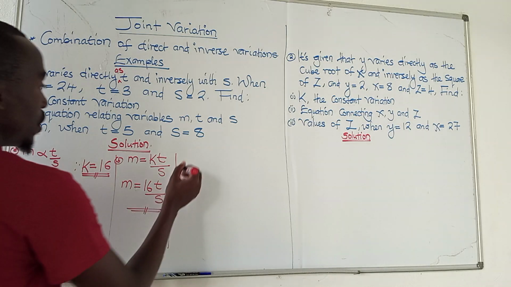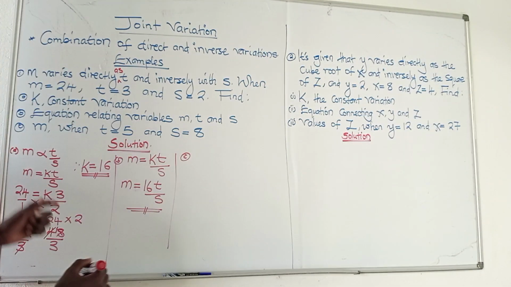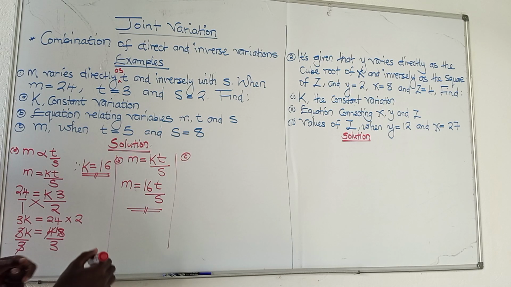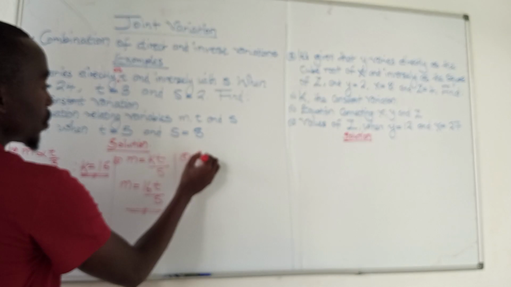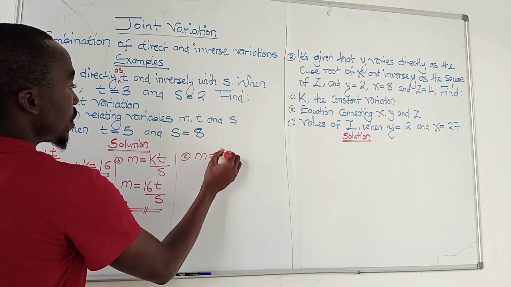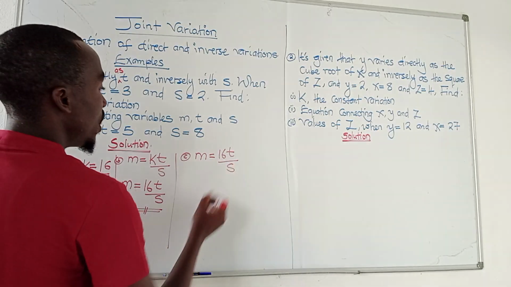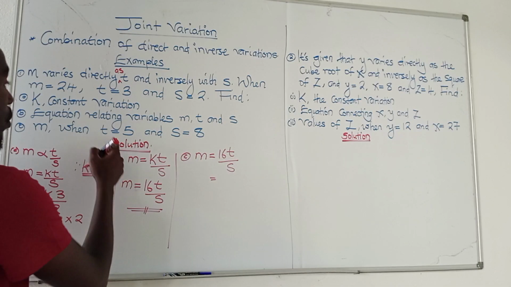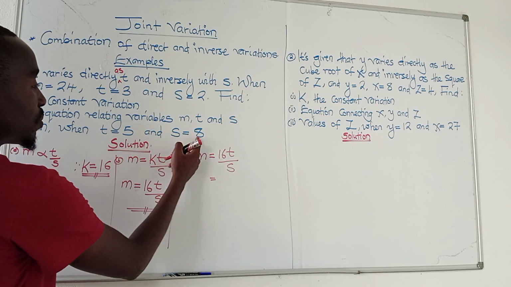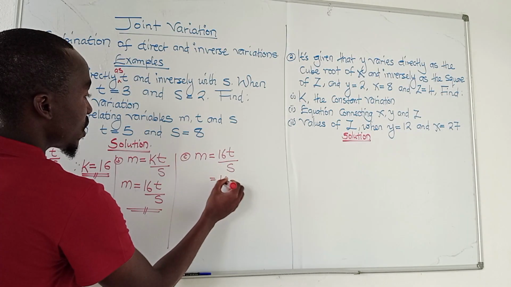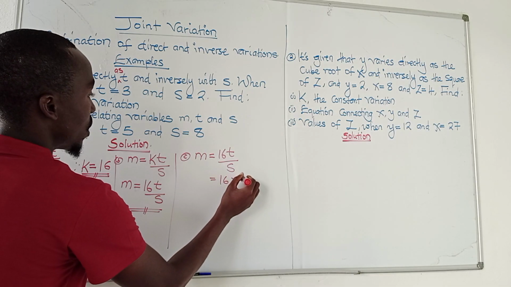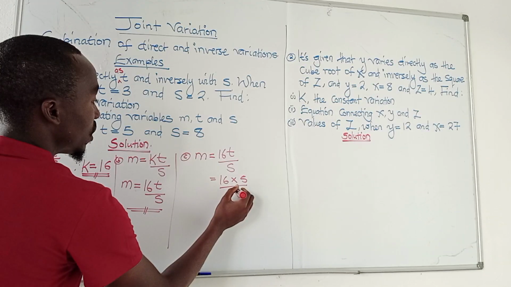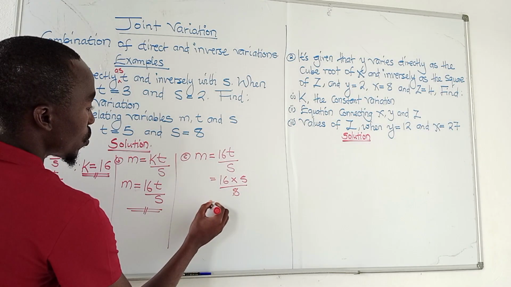Let us go to C. In C, we are finding the value of M when T is equal to 5 and S is equal to 8. We're going to use this same equation. M is equal to 16T over S. Where there's a T, we put 5, and where there's S, we put 8. So this is 16 times 5 over 8.